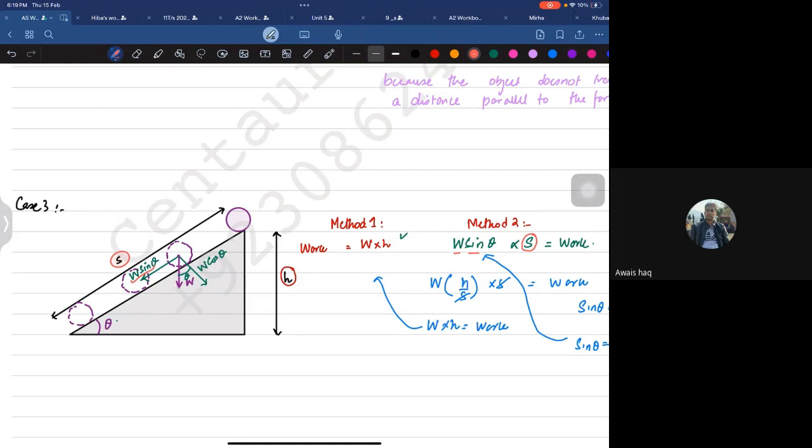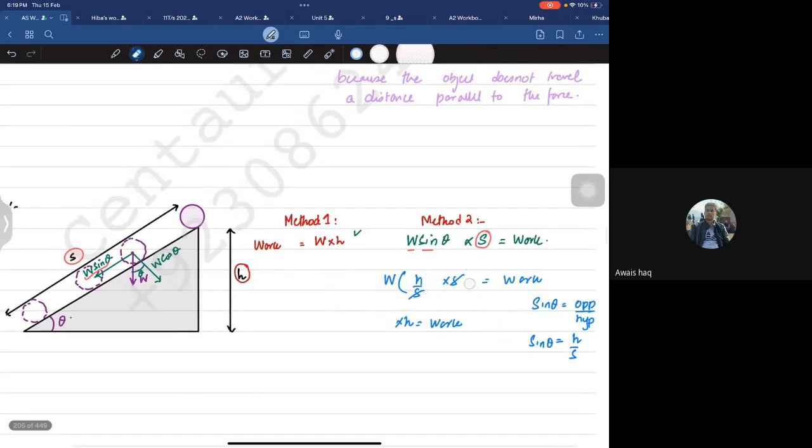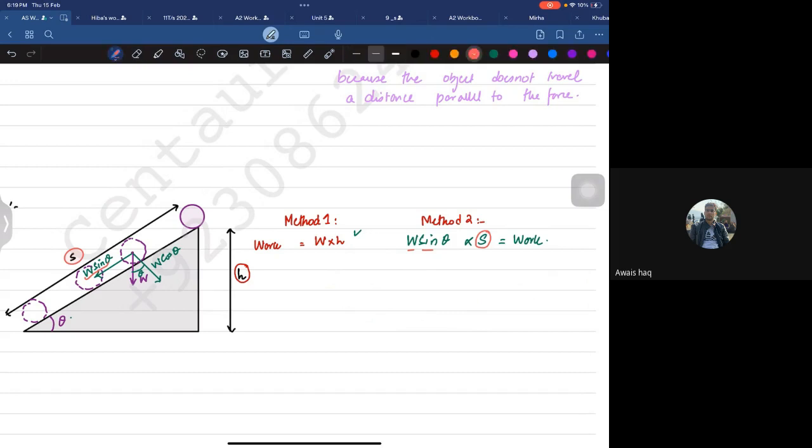Okay. Now think about it. This is a triangle, as you can see, and you know that sine theta is given by opposite over the hypotenuse. The opposite in this is h, the hypotenuse is s. You agree? Can I replace this sine theta right here with h over s then? Because that is equal to that.